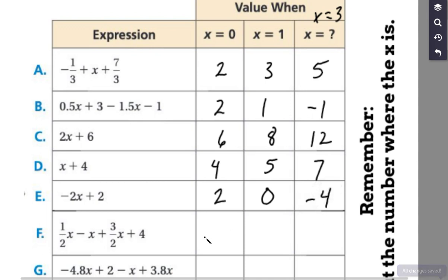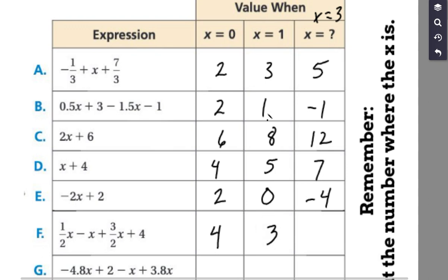All right, so then on the next one, if I put 0 in, that gives me 0 minus 0 plus 0 plus 4. That's going to be a 4. Okay, and then if I plug in a 1, that's going to be 1/2 minus 1 plus 3.5 plus 4 gives me 3.